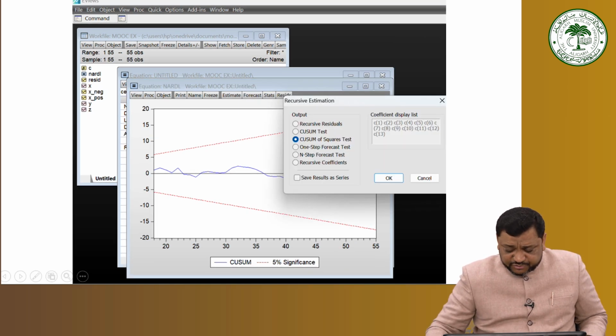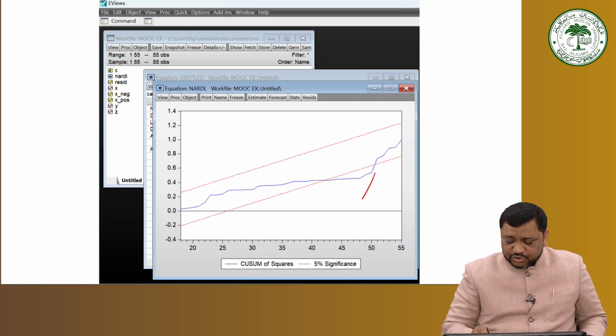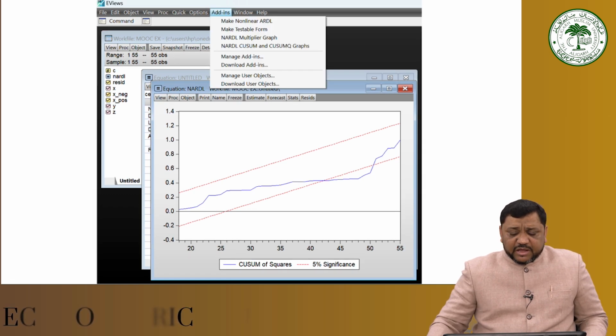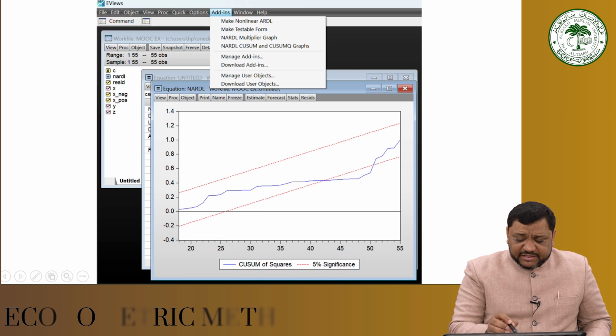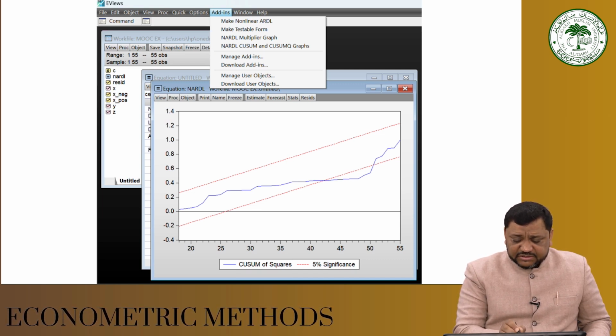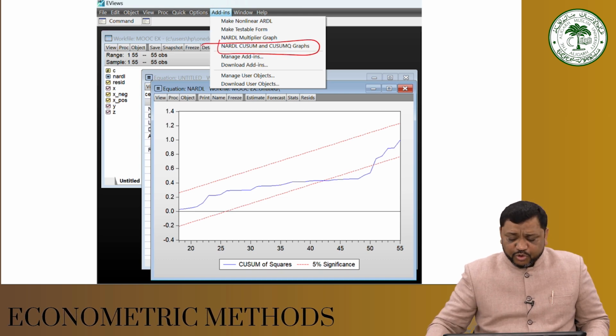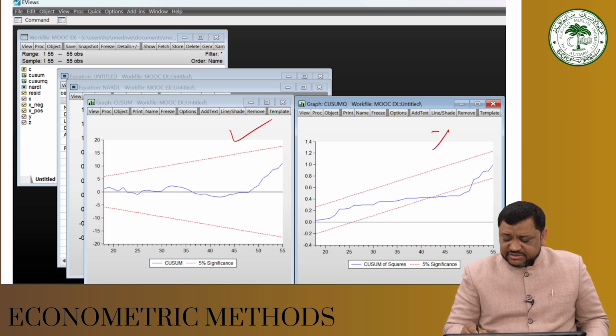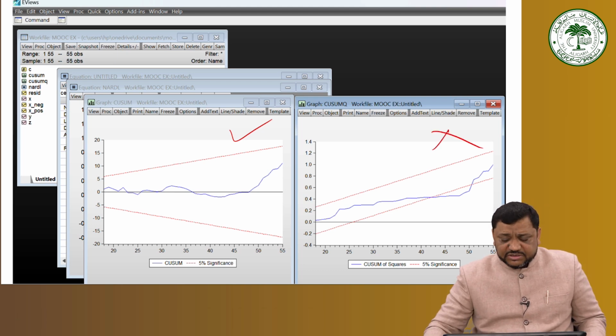But again, next we will go for CUSUM squares. For CUSUM squares, again there is a problem. In non-linear ARDL, there is another way out: when you go over here, we can easily select the non-linear CUSUM square graph. It will give you both the graphs, CUSUM and CUSUM squares.